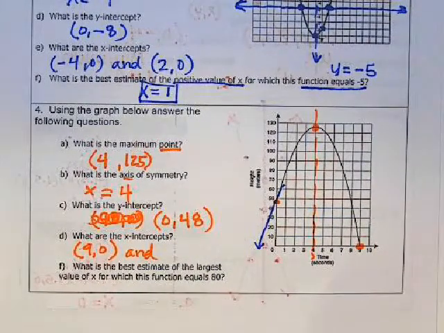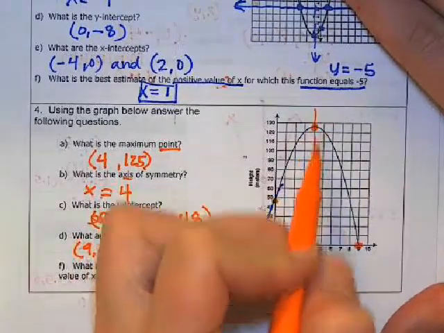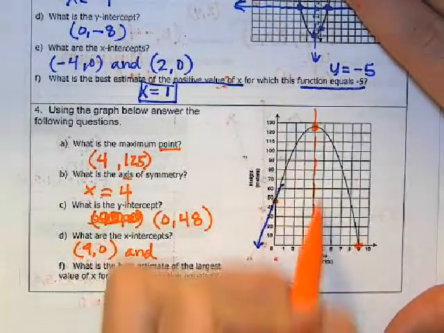Hold on. How are you getting -1, Ethan? Okay, so I know my axis of symmetry goes right through the middle, right?